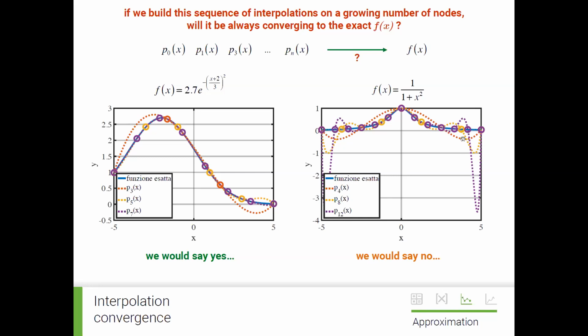In this case they are not the same; you can see there's a difference between them. They are not close to our exact function in blue. So here we will say no, because they are not close to our exact function. The interpolation here does not converge to the exact function.